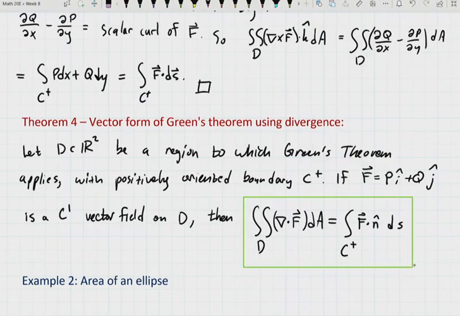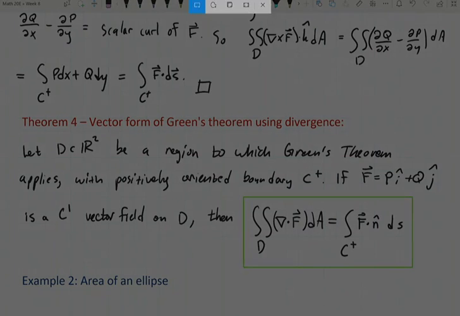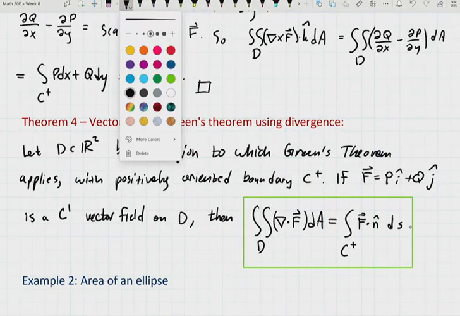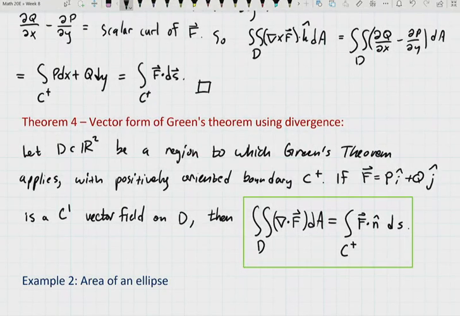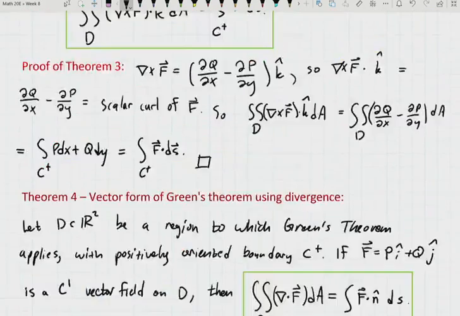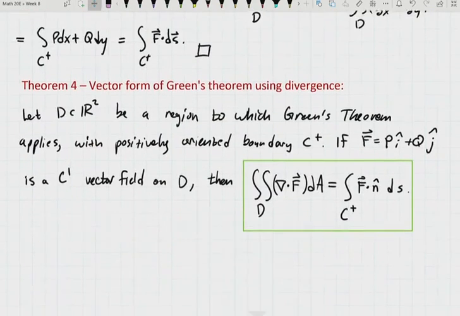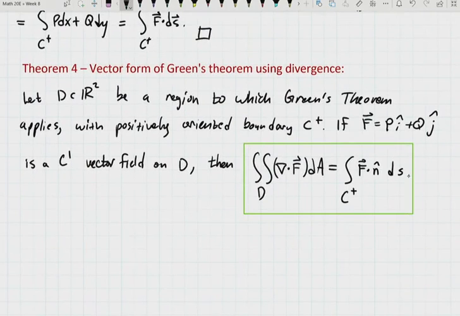I haven't told you yet. n is the outward unit normal to the curve.